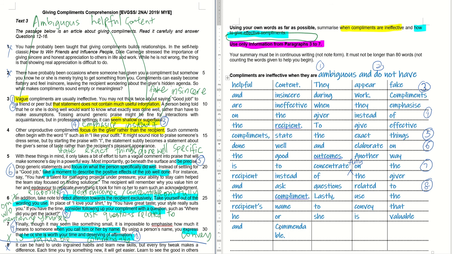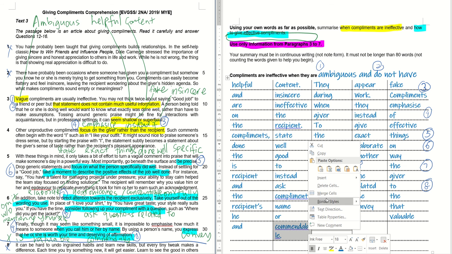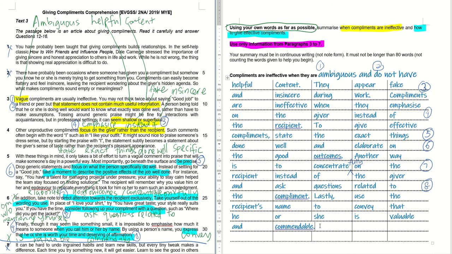Okay. Maybe I should merge that down there so that that word will be accepted. Okay. Now you can count the number of words and check as well.